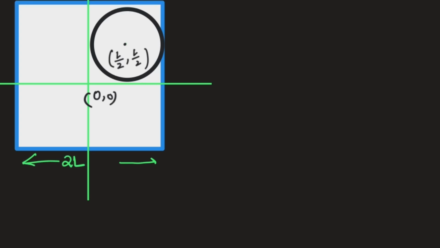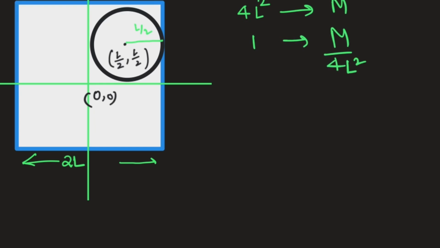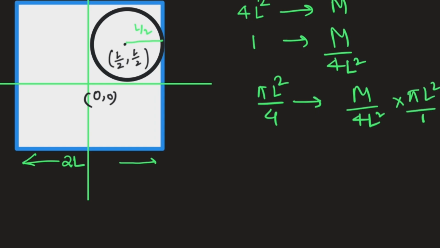Now I have to remove a ring of radius l by 2 from here, and I am supposed to find out where the center of mass will be. First, I need to find out how much mass I removed. The area of this square is 4l square, and the mass is M. If the area is 1, the mass will be M divided by 4l square. If the area is pi l square by 4, the mass will be M divided by 4l square into pi l square by 4.